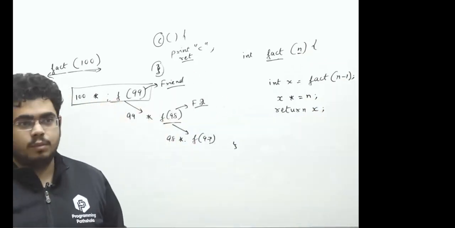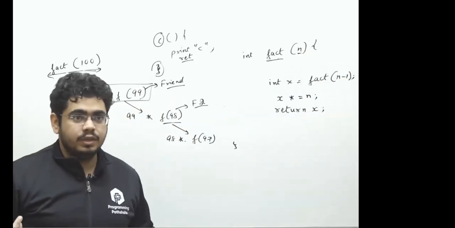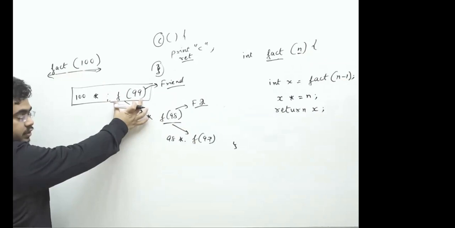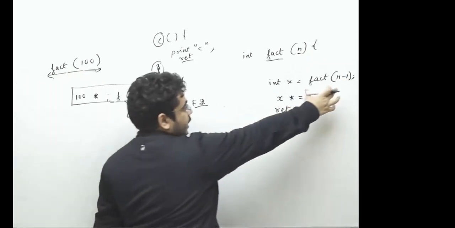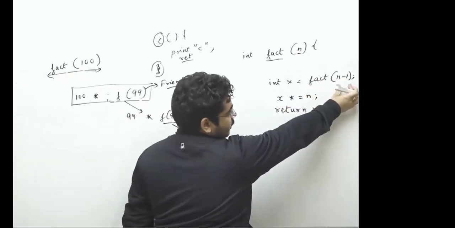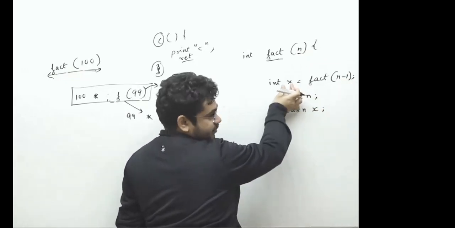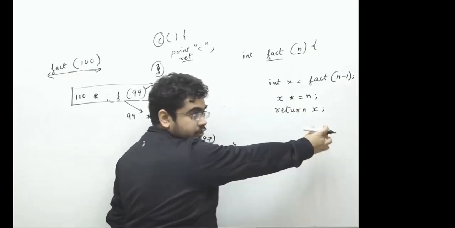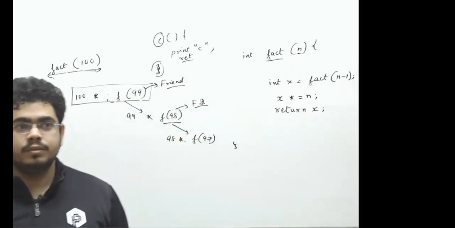Do you understand what 3 steps we are doing here? Just like we did here. I said to my friend, you calculate first a smaller factorial. That is what I told my clone. You calculate a smaller factorial, give me the answer of it. I will multiply it with n and return it back. Yes or no?